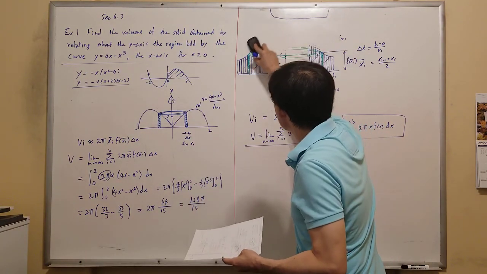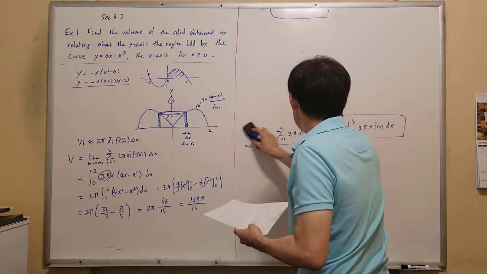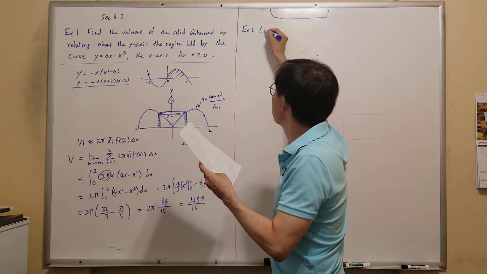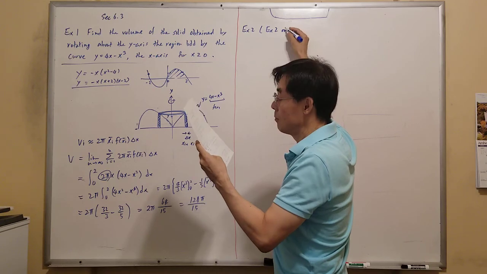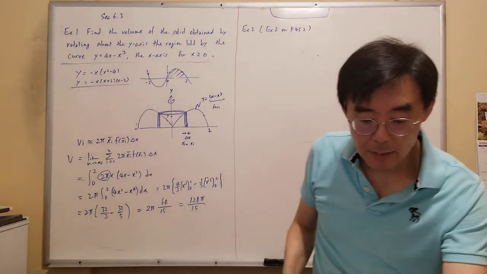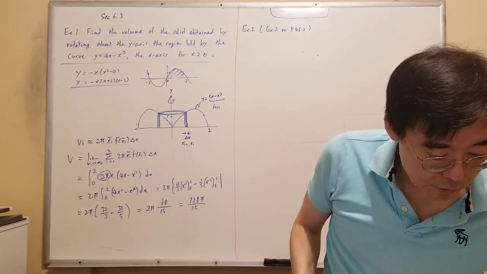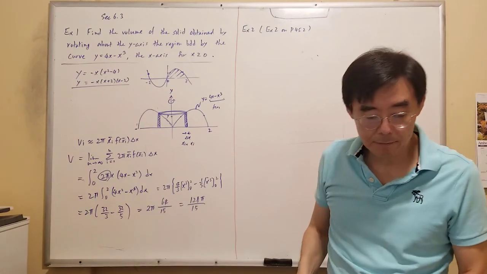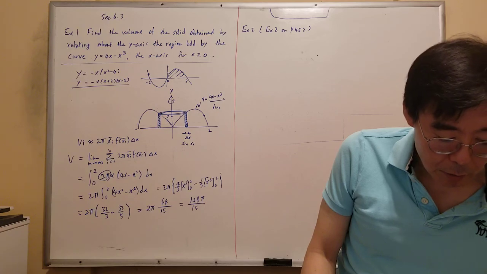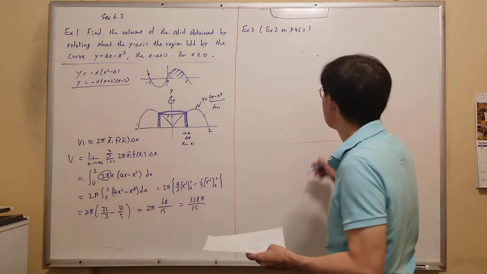Now, next example. Our next example is the same as example 2 on page 452. Find the volume of the solid obtained by rotating about the y-axis the region between y equals x and y equals x squared.